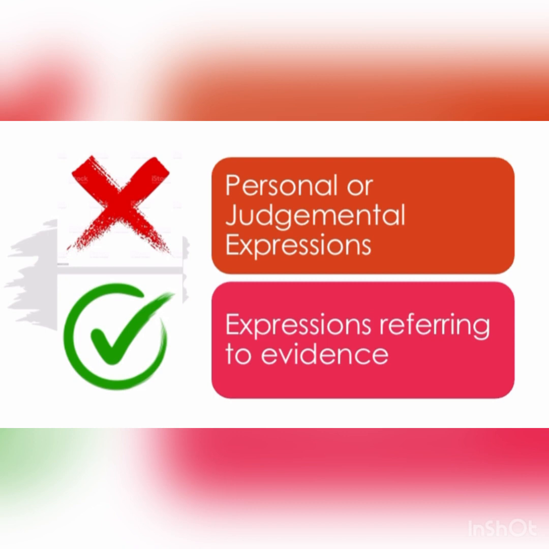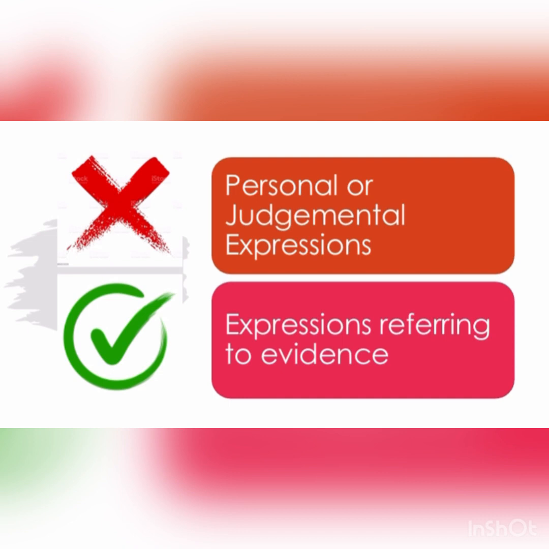Next one is personal or judgmental expressions. I'm saying I think or I believe. In my opinion, it is like that. I don't have to state my opinion. Rather than stating my personal opinion, you have to refer to evidence, like as shown in the table, it is like that.